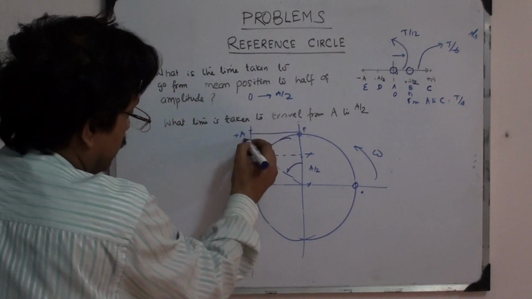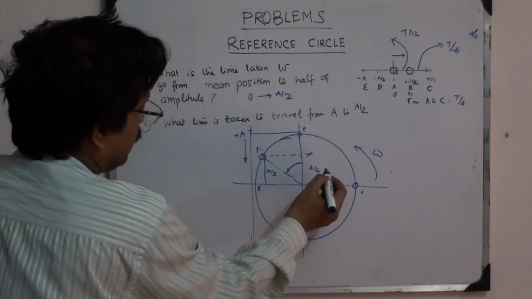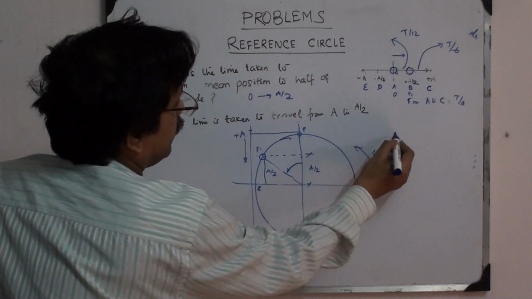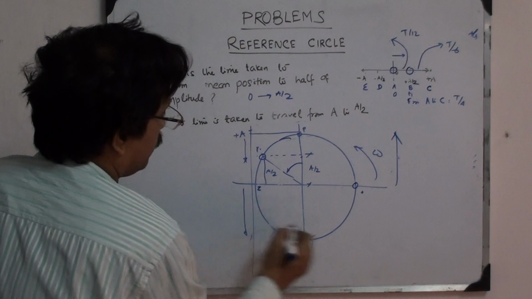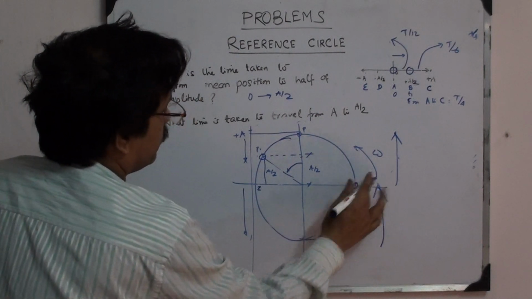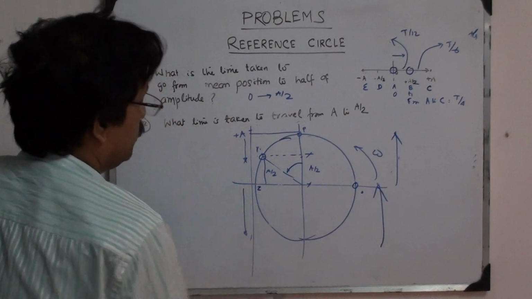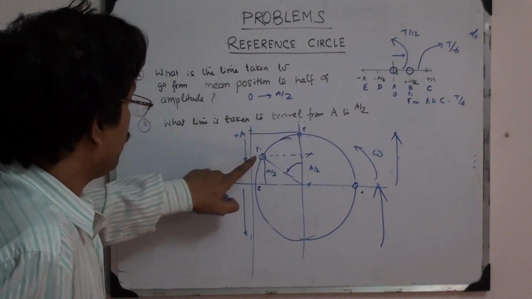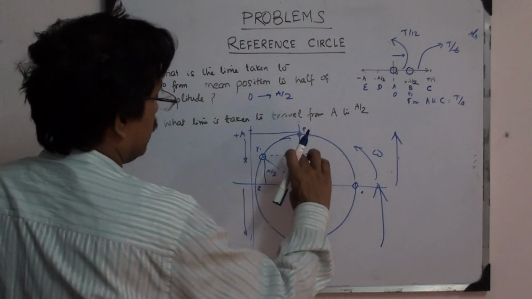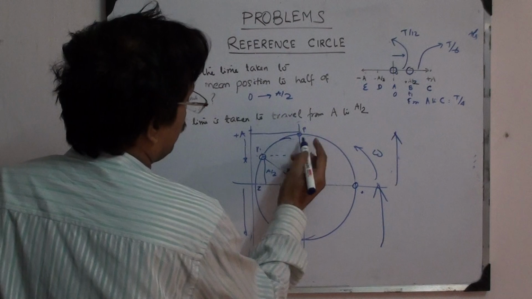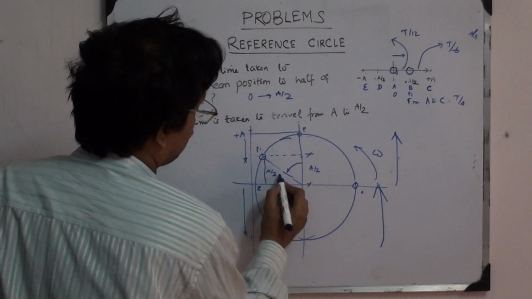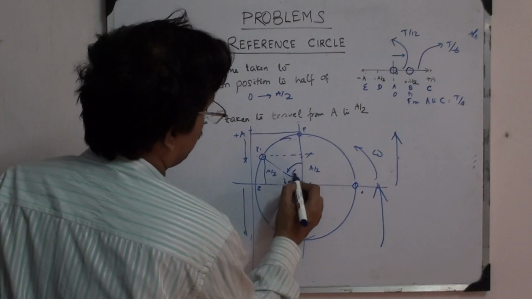This journey is going up, this journey is going down, this journey is going up. This quadrant and this quadrant. So from A to A by 2, it has to turn this angle. Naturally, this is 30, so this is 60.